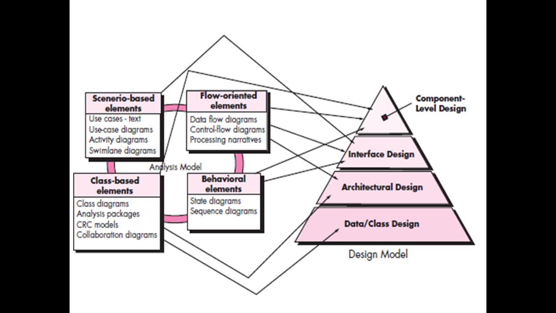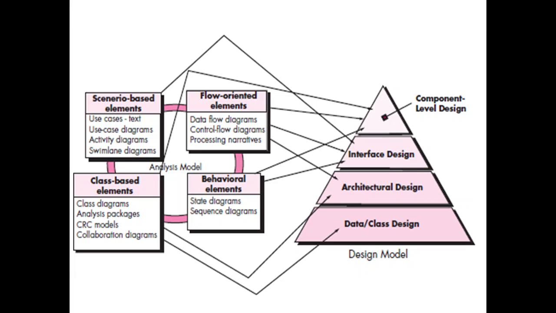The diagram for the design process. See here, on the left side we have the analysis model. The analysis model is an iterative process which provides input for the design. Go from bottom to top. So we have four designs: data class design, architectural design, interface design, component level design.